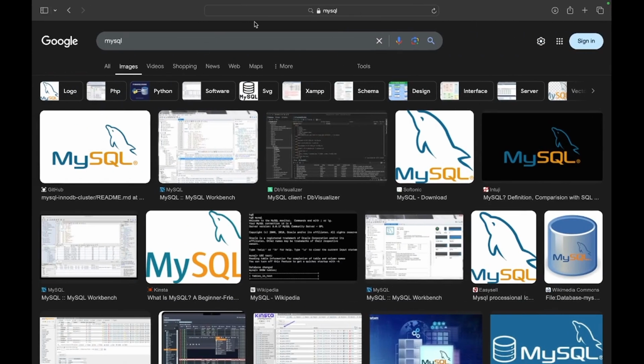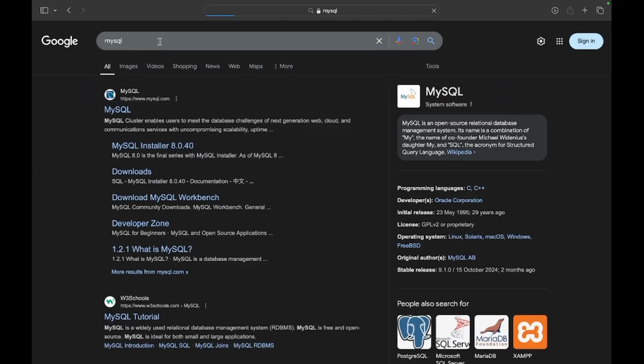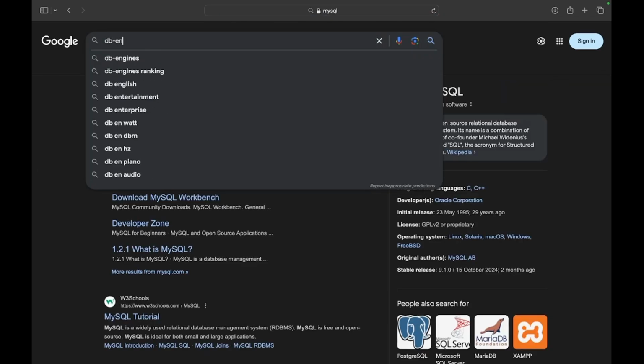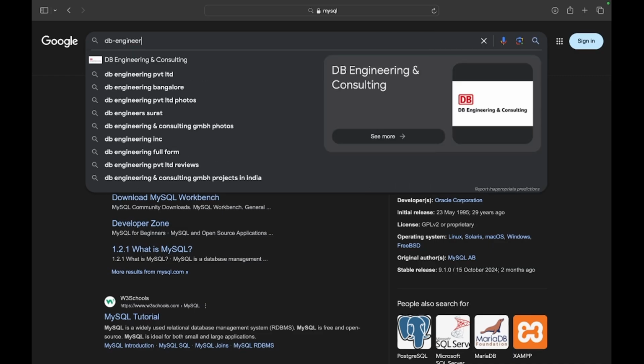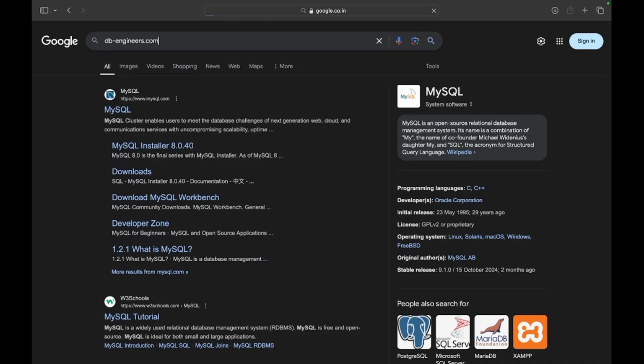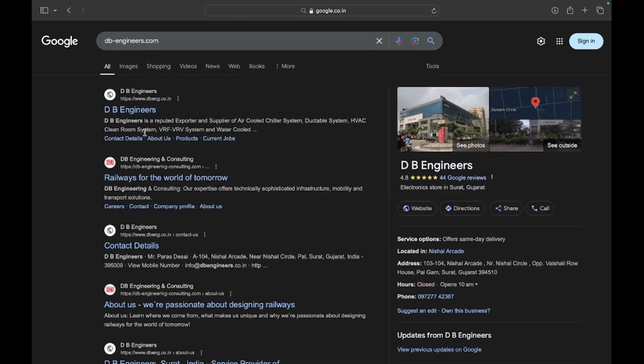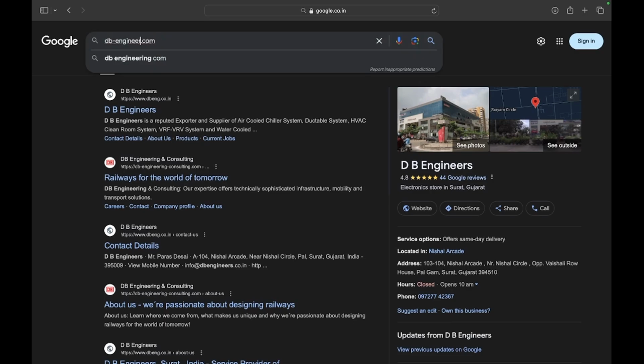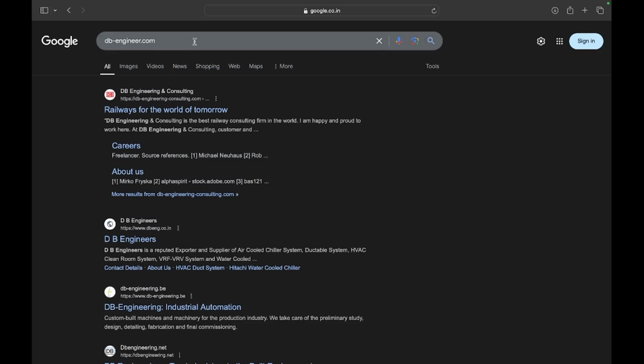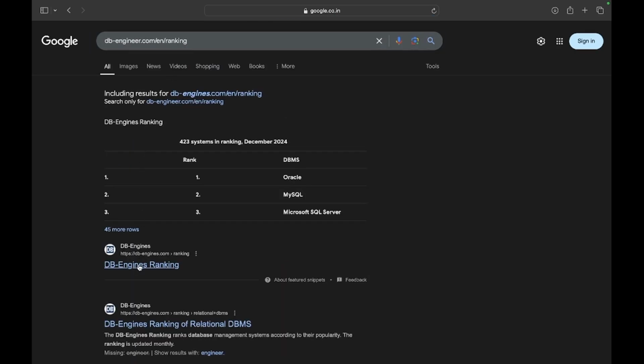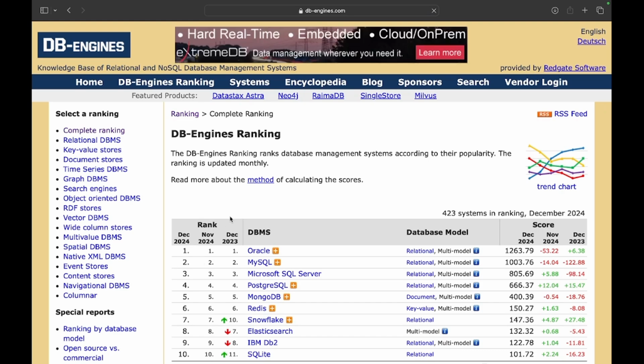Whenever you see a database and you wonder whether you should learn it or not, just go to DB Engines, dbengines.com, the DB Engines ranking. I don't remember the exact name, but I think it's the one.